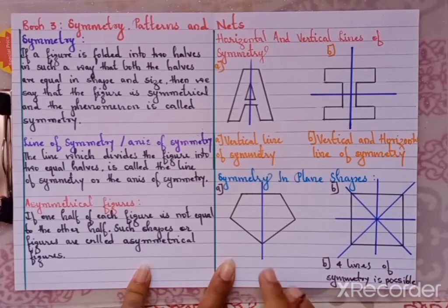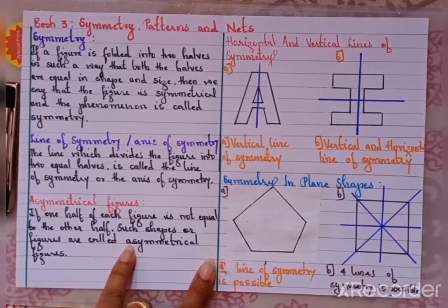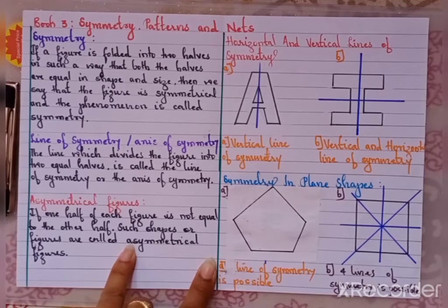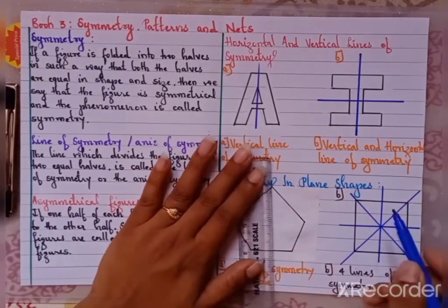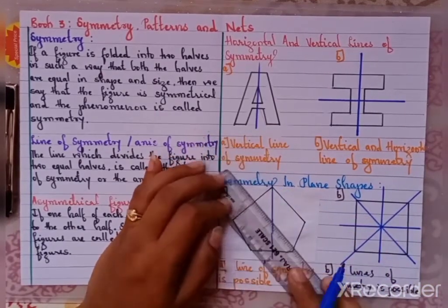Next, let's see another figure, that is the pentagon. Let's draw the lines of symmetry. How can you identify the lines of symmetry? As many corners are there, those many lines of symmetry are possible. So let's see here. We can draw a line of symmetry like this.